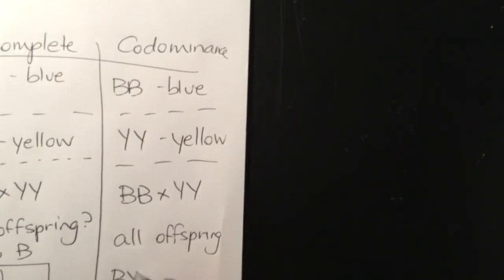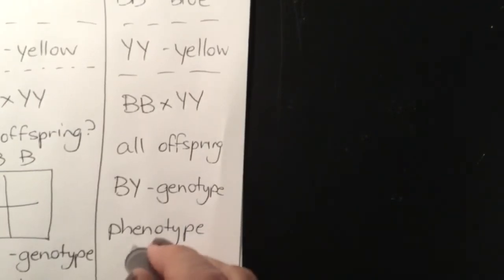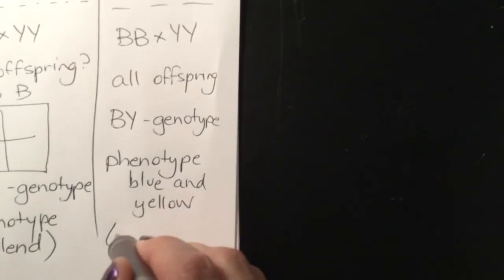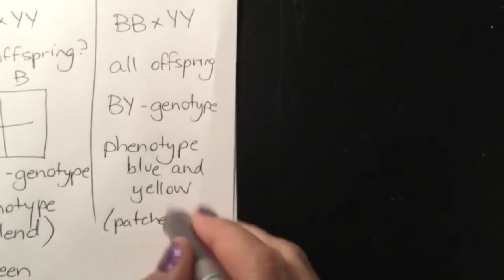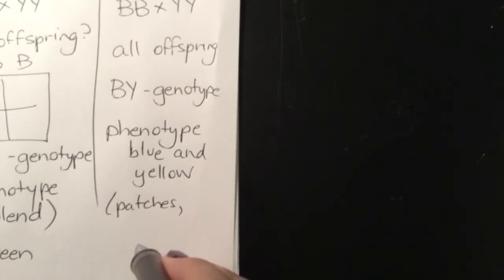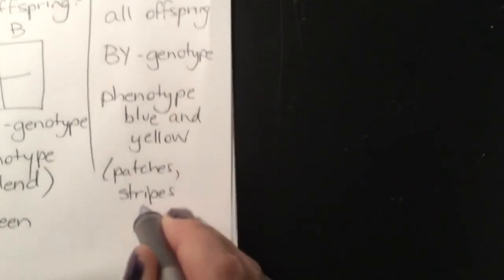So big B, big Y is their genotype, and their phenotype is blue and yellow striped, blue and yellow spots, but it's blue and yellow, and you can see the blue and the yellow. So blue and yellow patches, like cats have patches, dogs have patches, cows have patches, or stripes or spots.